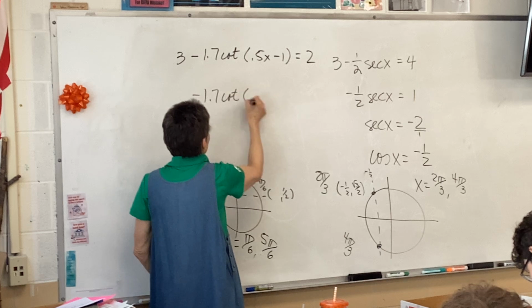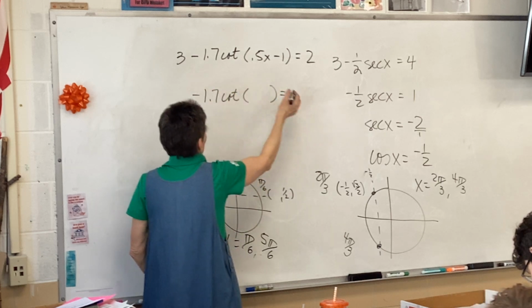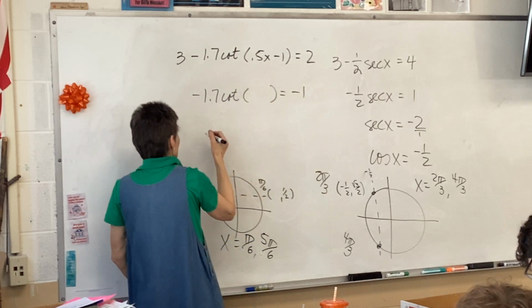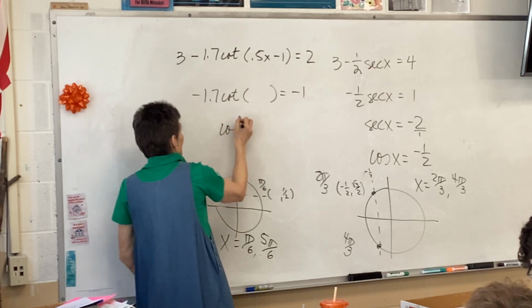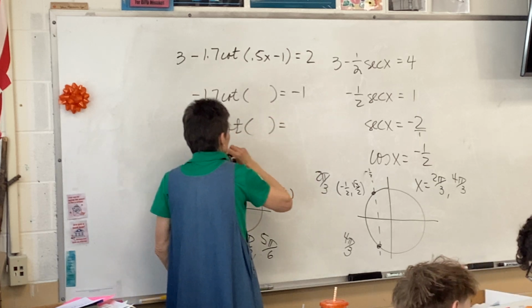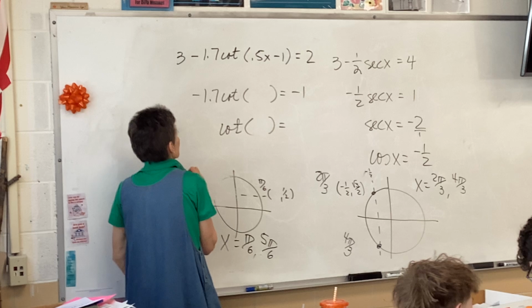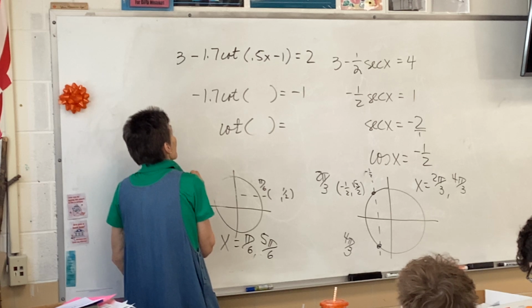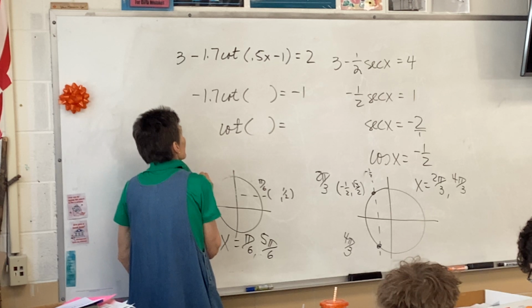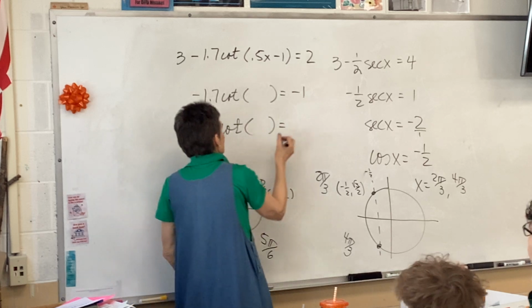-1.7 cotangent equals -1. So cotangent equals, what is that, 10/17?